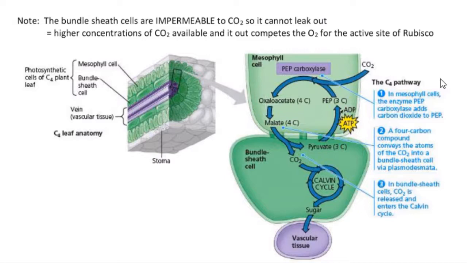Because of the way that PEP is constructed, instead of making a couple of 3-carbon molecules like the 3-PGA, which is what happened when we fixed the carbon dioxide to the RuBP, what I'm going to get is a 4-carbon molecule called oxaloacetate, and then malate will be formed after that. Oxaloacetate is a 4-carbon molecule, not a 3-carbon molecule.